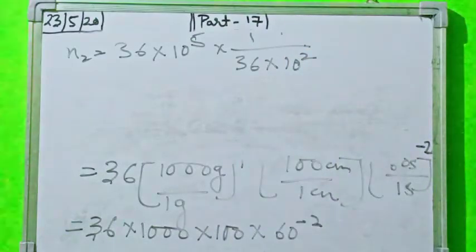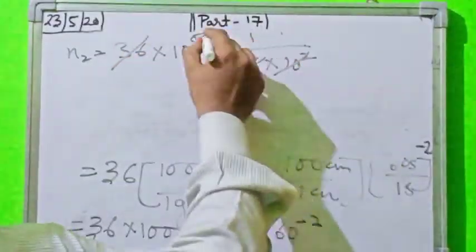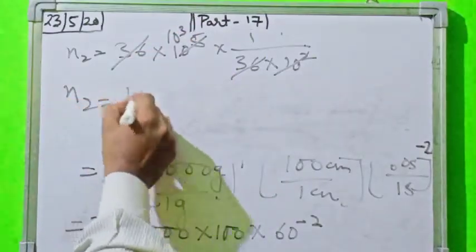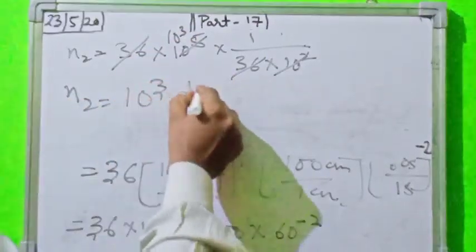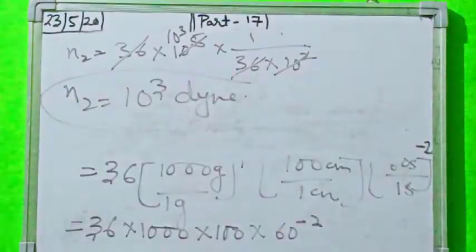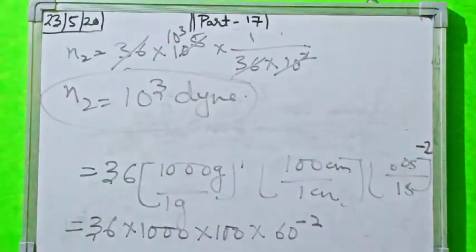So 36 and 36 cancel out, and N2 is equal to 10 to the power 3. Done. In CGS system, N2 is equal to 10 to the power 3 units.